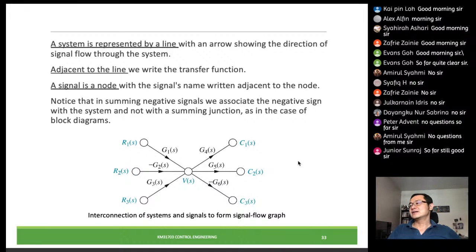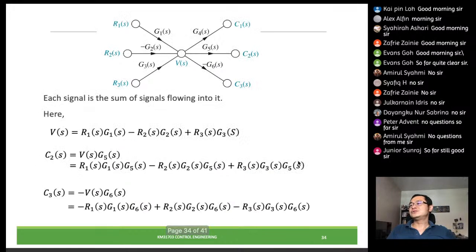We can do similar operations, very similar to the summing junctions. Let's say we take this point V as our final signal. Our intention is to see how many signals are going in.